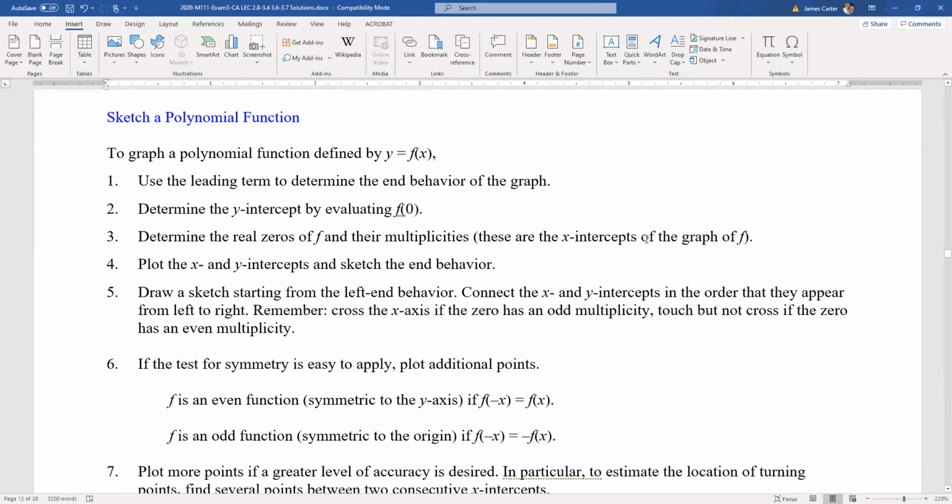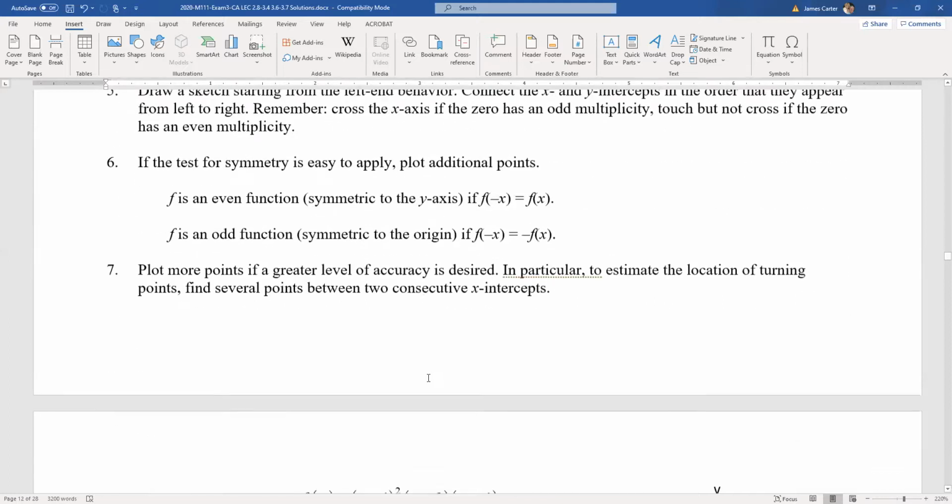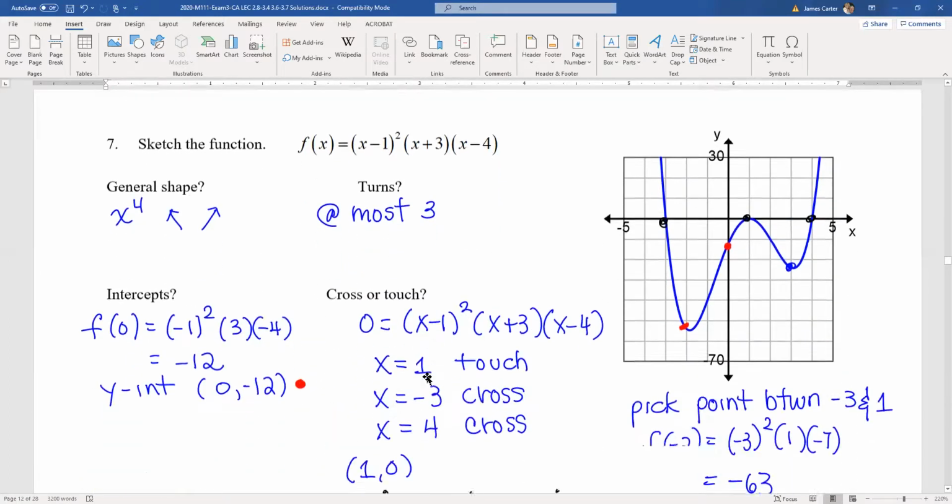Find any real zeros. Plot the x and y intercepts. Depending on if it's a quadratic, find the vertex. And then start the beginning and ending directions, and then fill in the middle. If you have to use XY tables, you can.